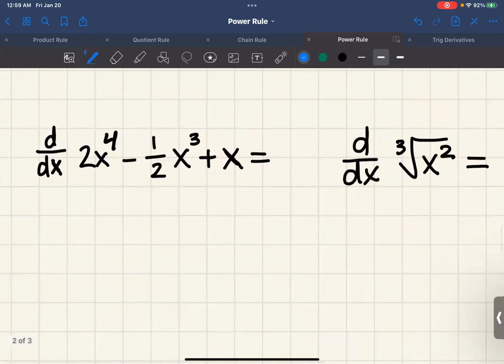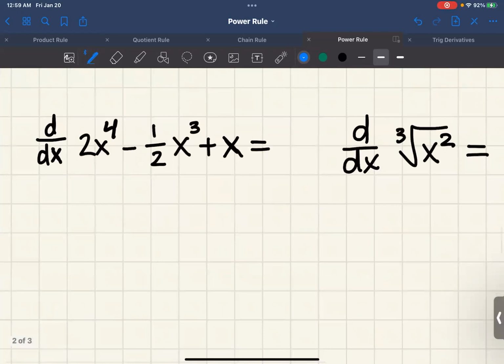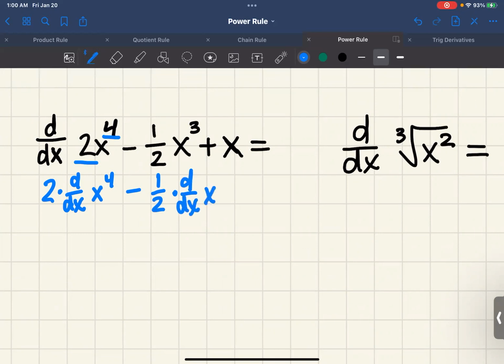Okay, next we have 2x to the fourth. So we take that 2 out. Another trick, you can multiply this number and this number together. It's pretty much the same thing as what we're doing right now, but this is just breaking it down a little bit more. So 2 times the derivative of x to the fourth minus 1/2 times the derivative of x cubed, and then plus the derivative of x. So we have 2 times the derivative of x to the fourth.